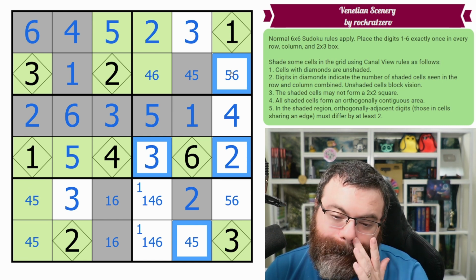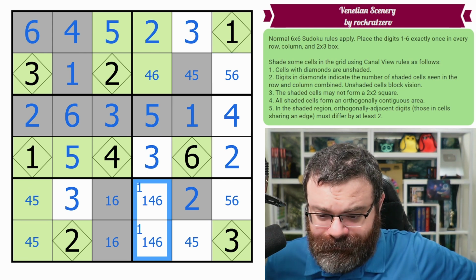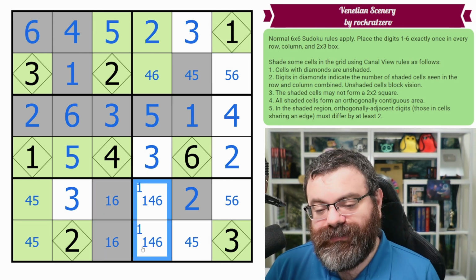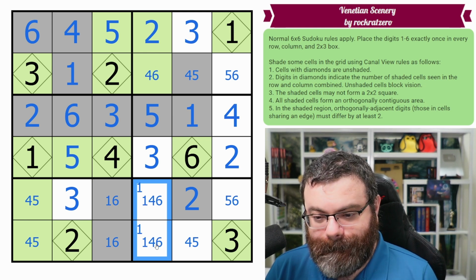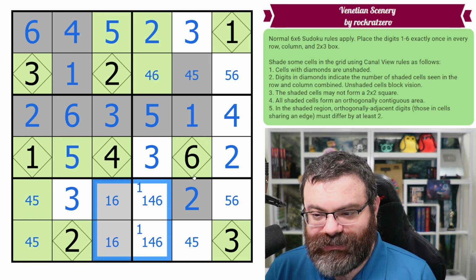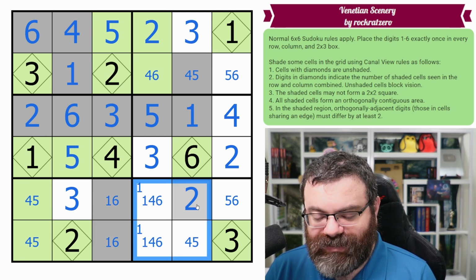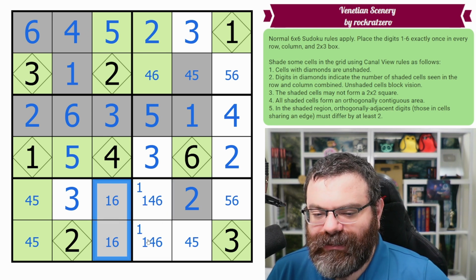I haven't had to use it. We can't shade both of these. One of these is unshaded. Or we'd make a 2x2. I don't know which one. I think that's the only place we're in danger of having a 2x2 of shadeds. Here as well. We can't shade all of these, but that's built into here for this.